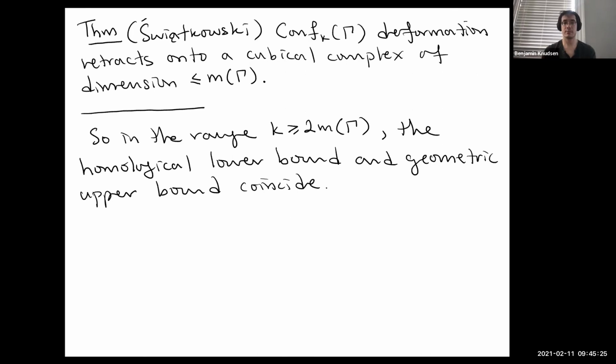Okay, so this suggests a very vague strategy to try to prove the theorem. As I will remind you in a moment, you have an upper bound on TC that's given by the dimension and a lower bound on TC that's given by something in terms of cohomology. We have here an upper bound in terms of the dimension and a lower bound in terms of homology that happen to agree.